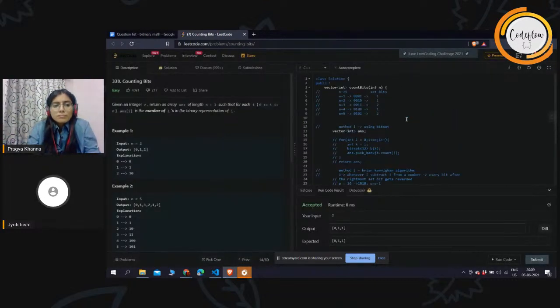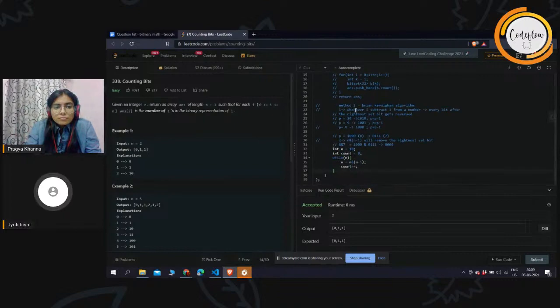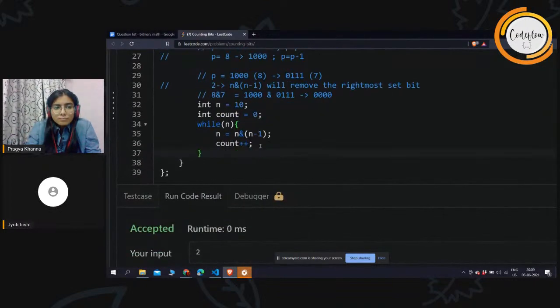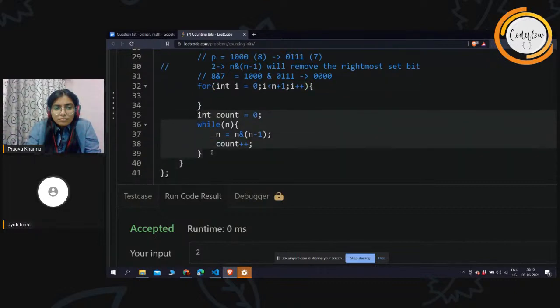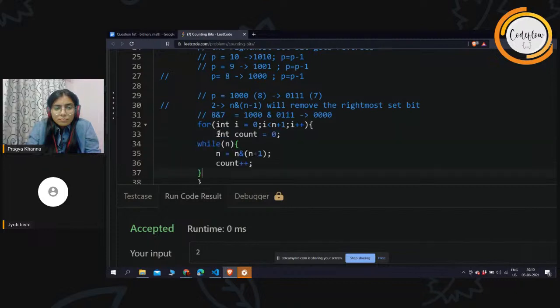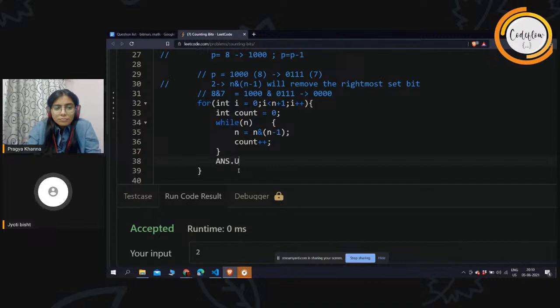Now I need to run my loop from 0 to n. That is, for int i is equal to 0, i less than n plus 1, i plus plus, and for every number I will count, right? उसके बाद I'll just push back it into my vector.